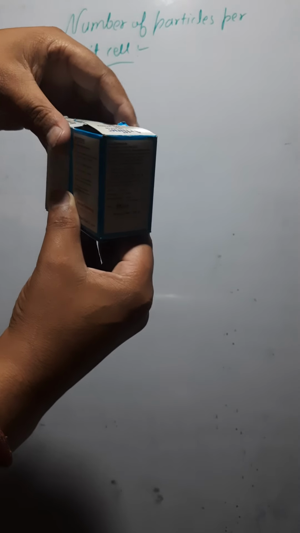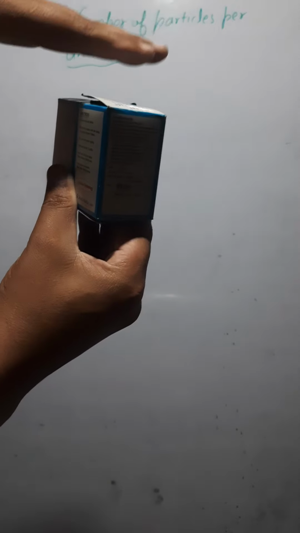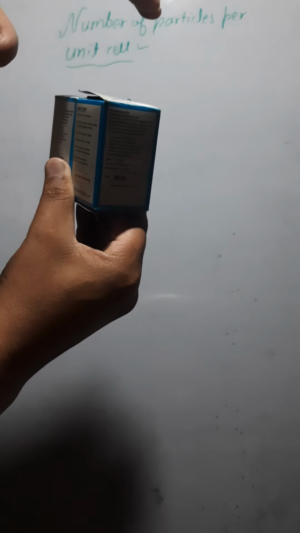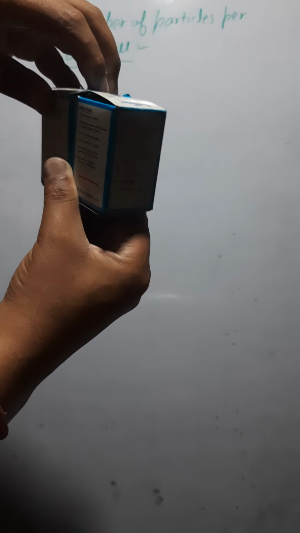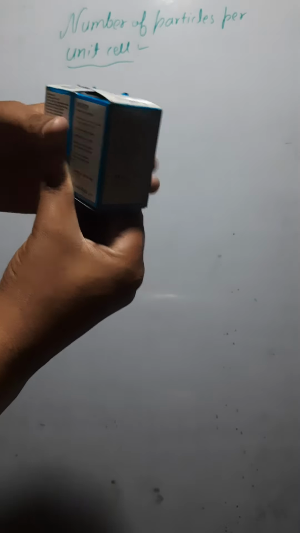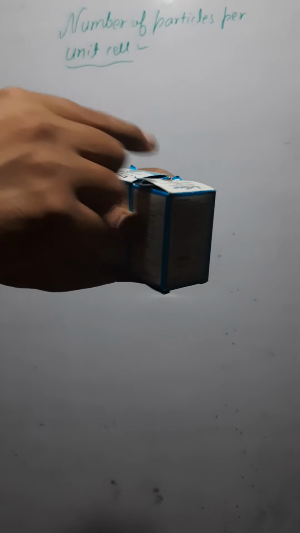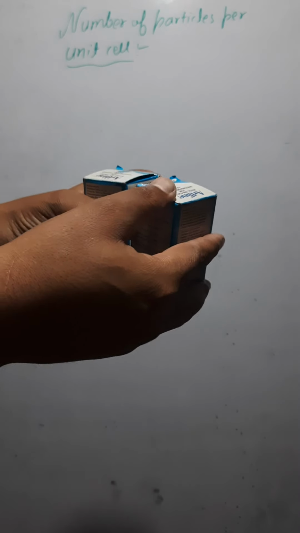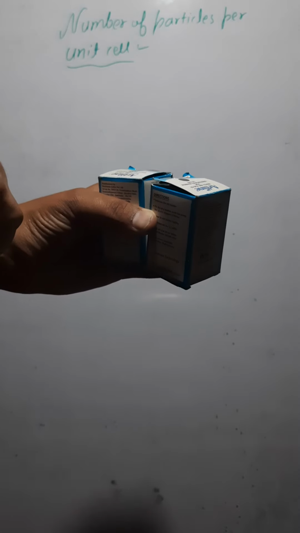Now if I put one more unit cell over it, then the particle at this edge has been divided into 3. Let me put one more unit cell over this. Now the particle at this one edge has been divided into 4.